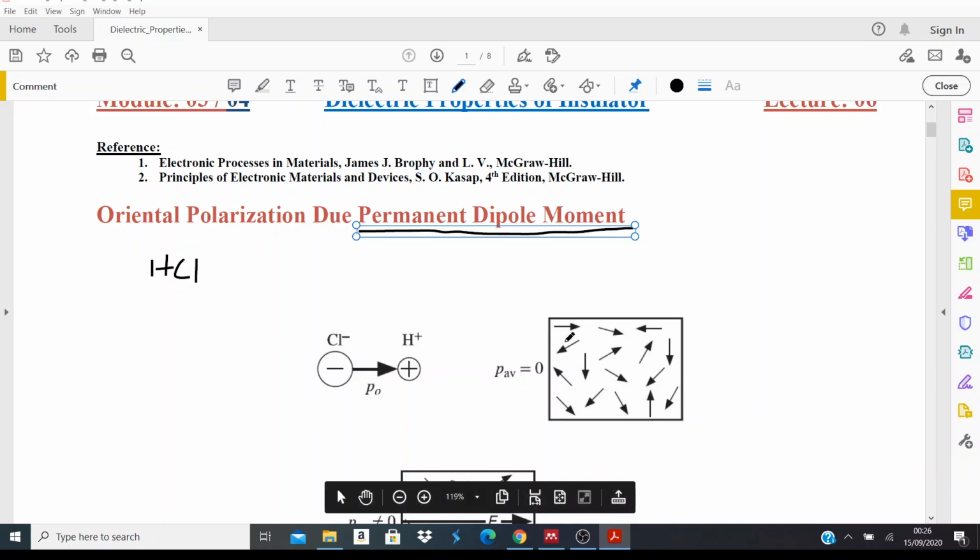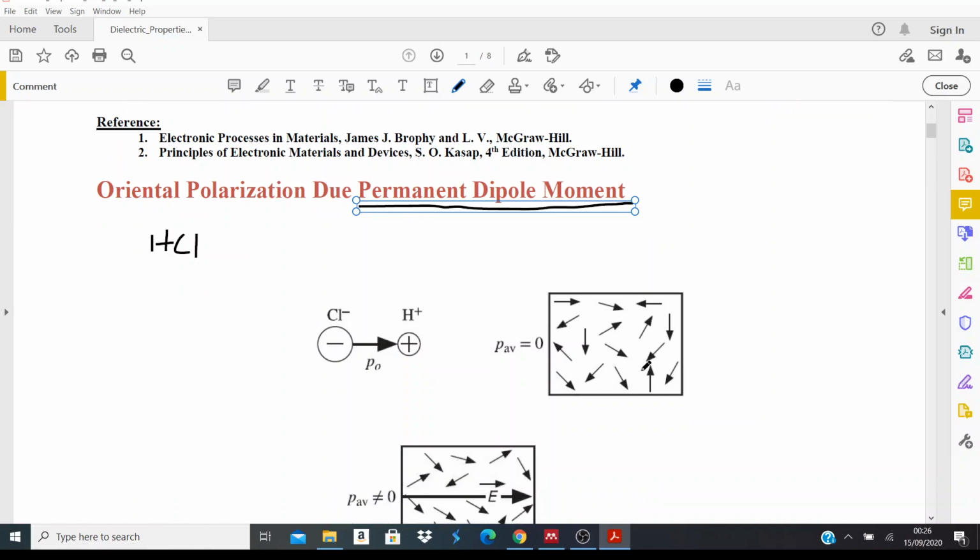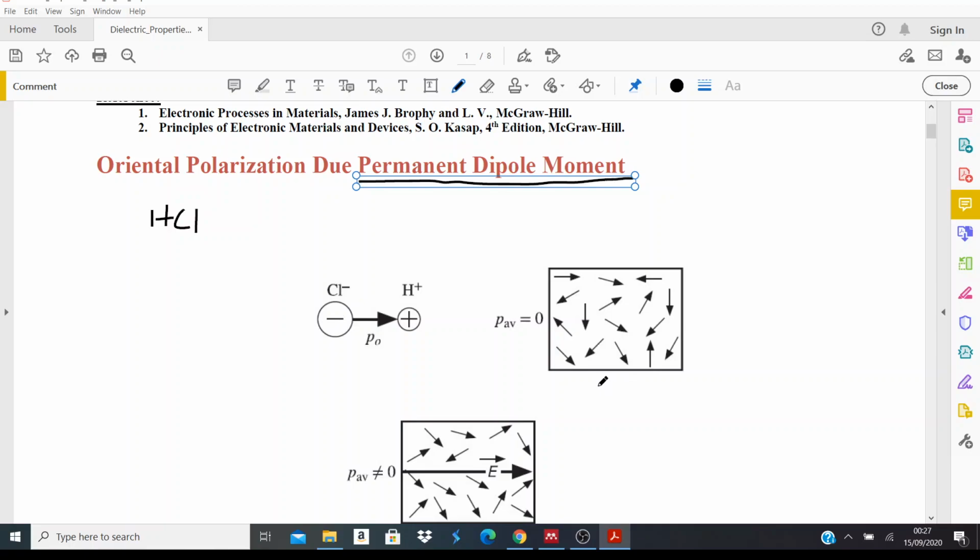And let's say we have a collection of these HCl molecules, maybe in the gas or in the liquid phase. The idea is that we have some container with a number of HCl gas molecules inside, and the temperature is not zero. Let's say we are working at a finite temperature.